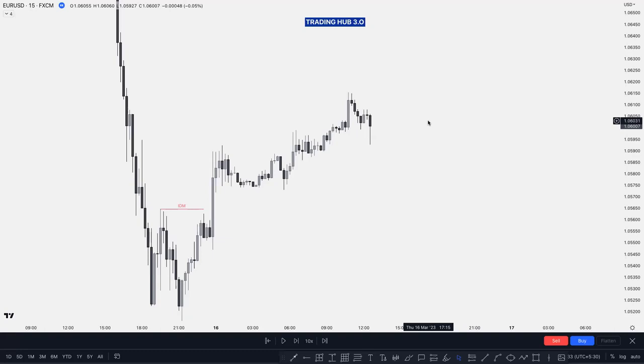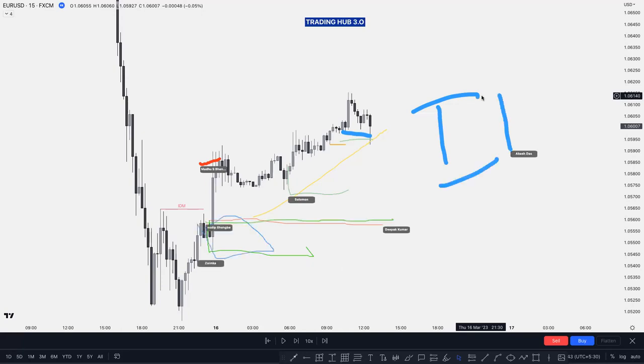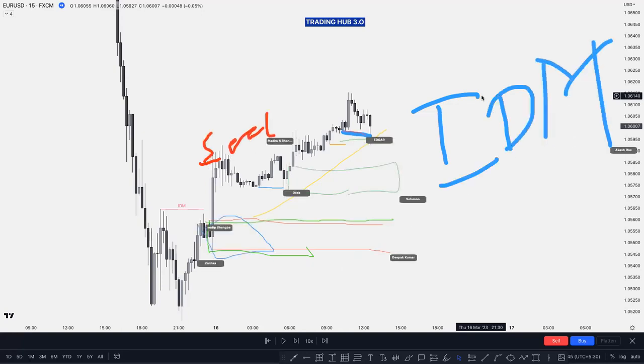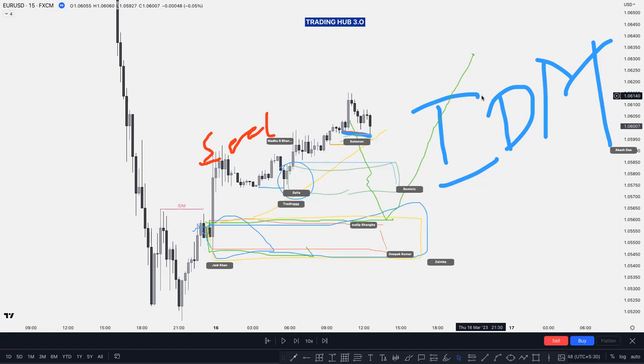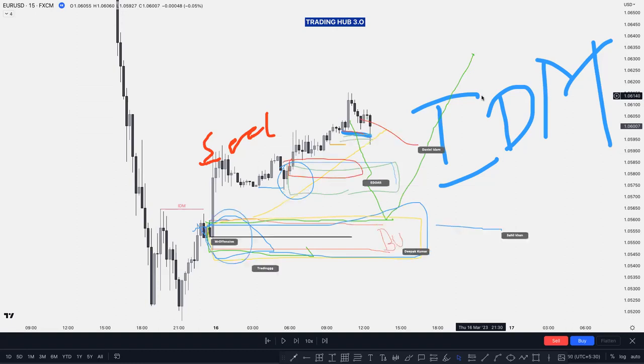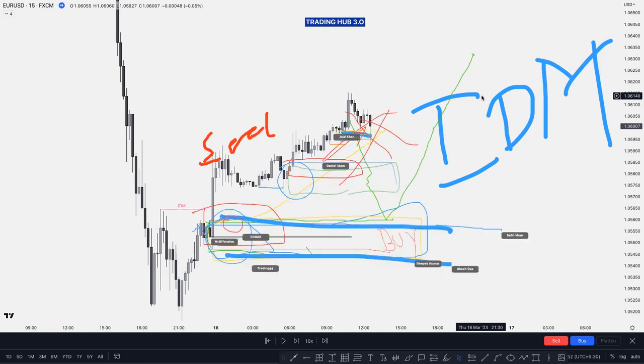Where is the POI, where can we expect a buy and sell, everything? Okay, based on the structure, when you are looking here for a buy.